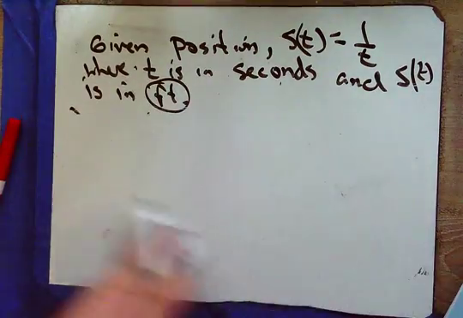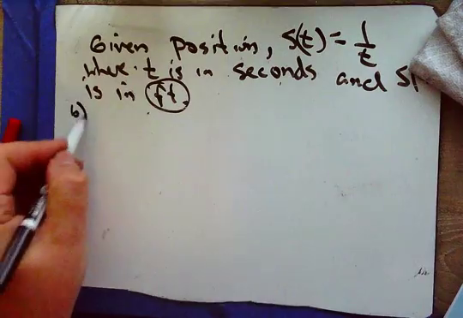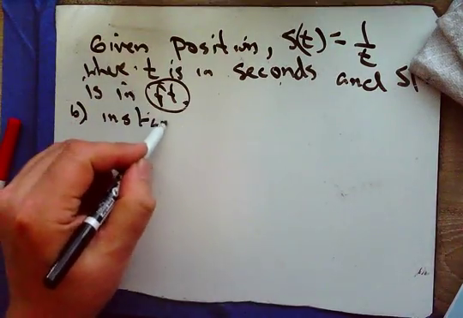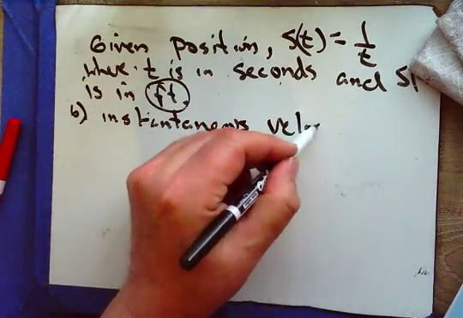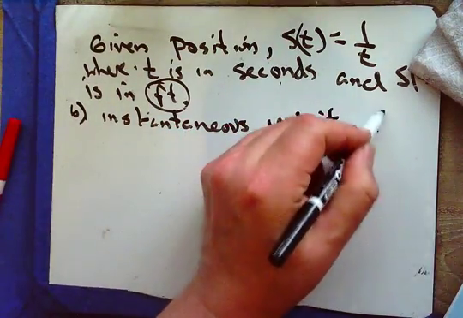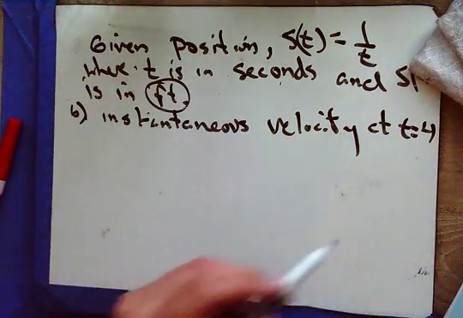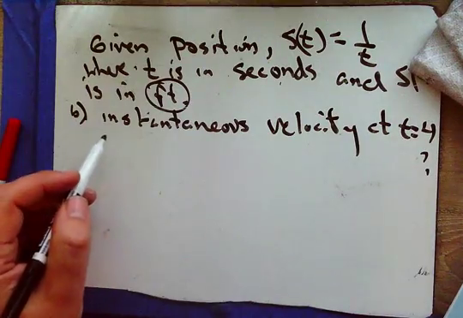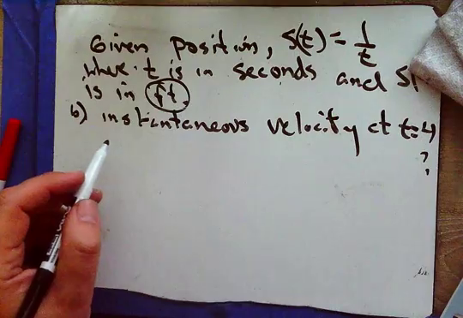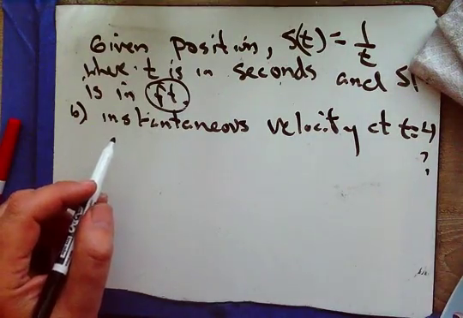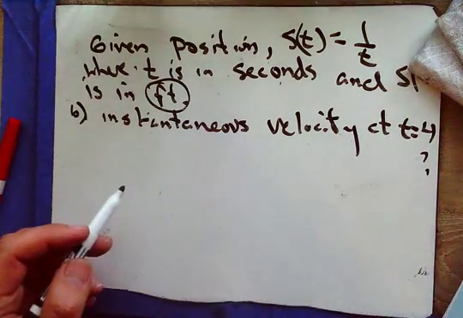But what if instead of average velocity, we're looking for instantaneous velocity at t equals 4. Okay, so we can use our limit definition of the derivative to find the slope on position at a point, which is the same as velocity at a point.